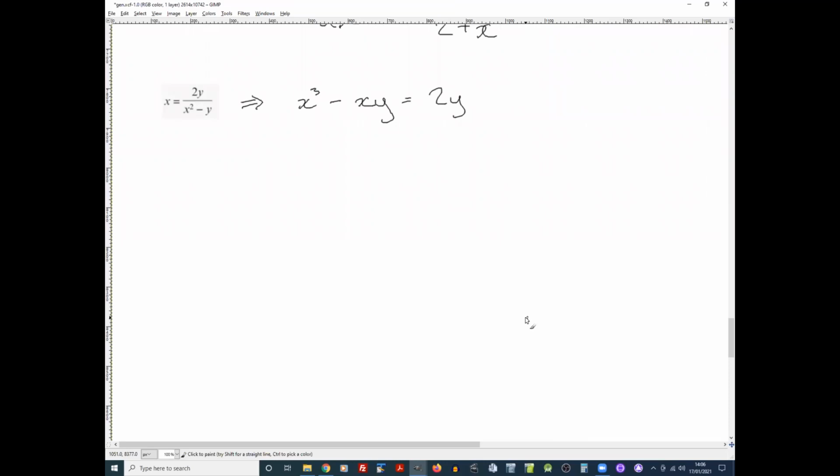Okay, so x cubed equals 2y plus xy. Yes. Then factorize it. Equals y times 2 plus x, and then x cubed over 2 plus x equals y. Yeah. All right.